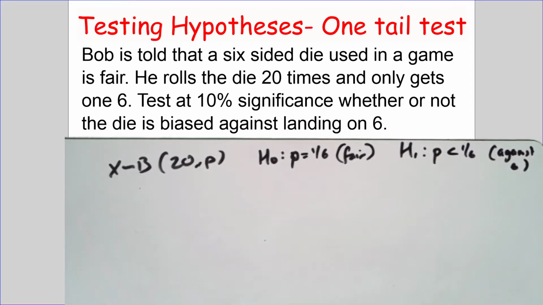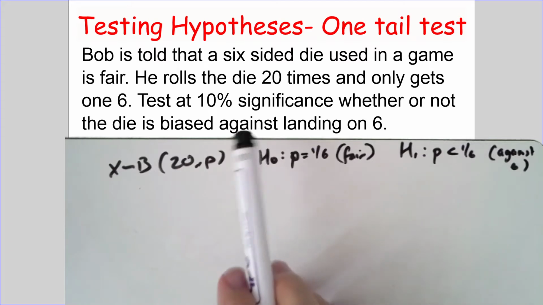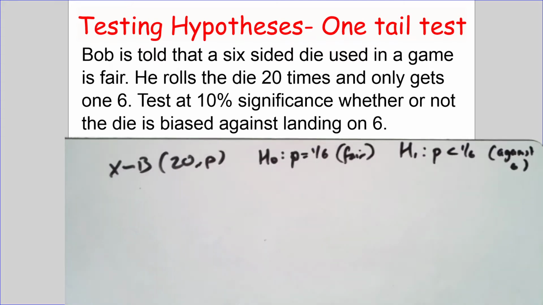So we're not entertaining the possibility that it might be greater than a 6, a bias towards a 6, because in the question we're told specifically to see if it is biased against landing on a 6. So we're going to assume it's fair, but if the probability of getting this result with it being fair is really small, we might accept this instead, that it's biased against a 6. So this is step 1 and step 2, and they kind of go together to set things up.